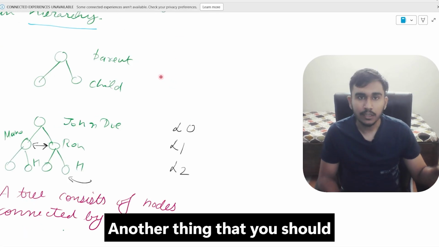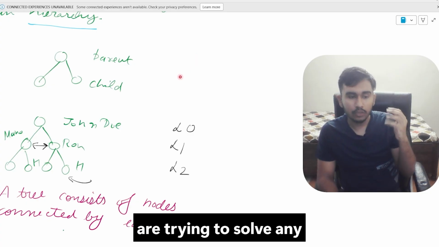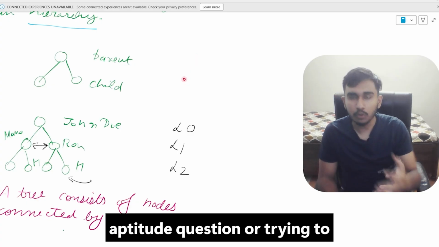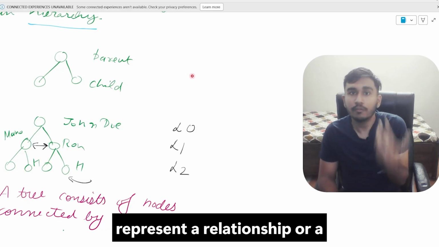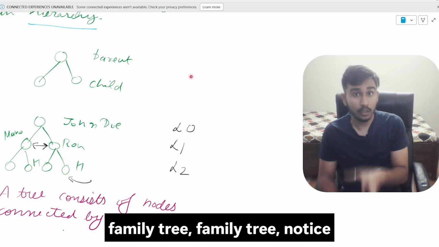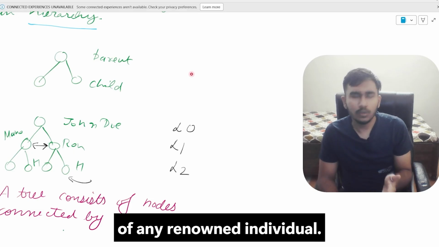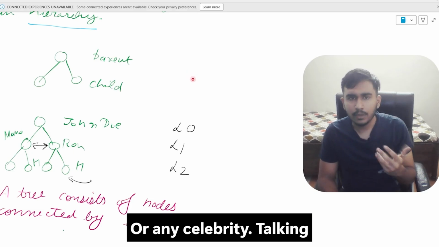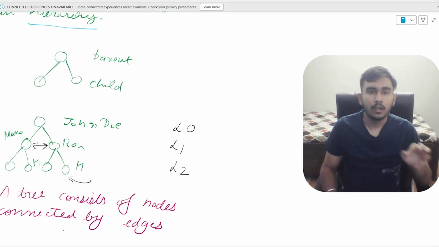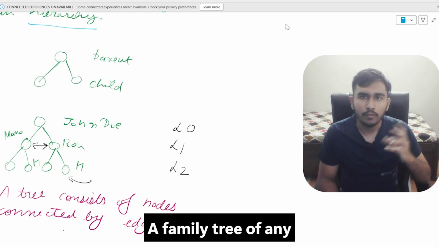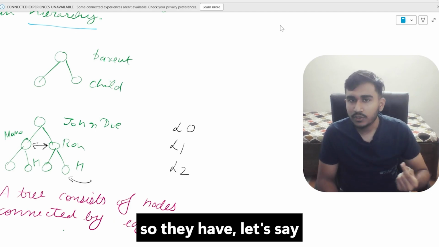Another thing that you should know is that whenever we are trying to solve any aptitude question or trying to represent a relationship or a family tree, notice the word here, family tree of any renowned individual or any celebrity or a politician.